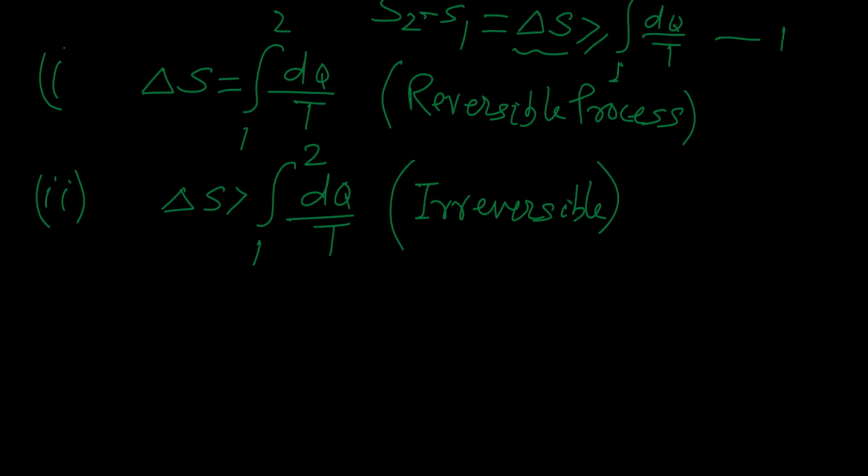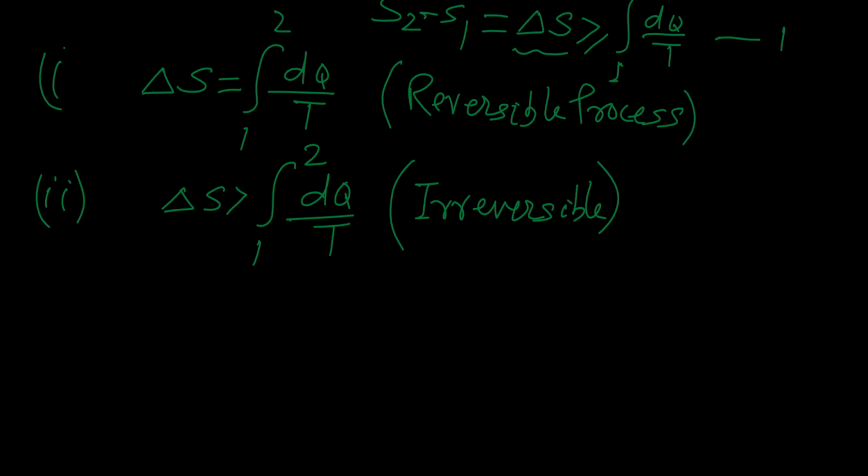You see here, one thing is very important. If we want to calculate entropy or entropy change from this equation, we can calculate both. If entropy in one of the states is known, then we can find the entropy in another state.